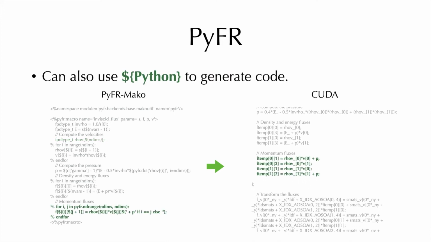And finally, it enables us to use Python to generate code. So on the left here, we have a Python for loop. This for loop is executed in order to generate the code on the right, which again gives us a fair bit of flexibility and allows us some very compact representations of the physics.